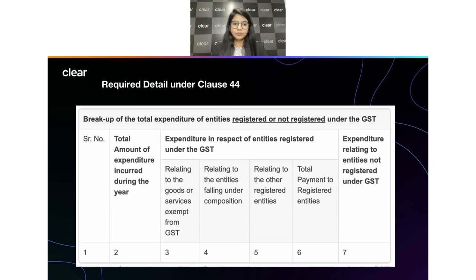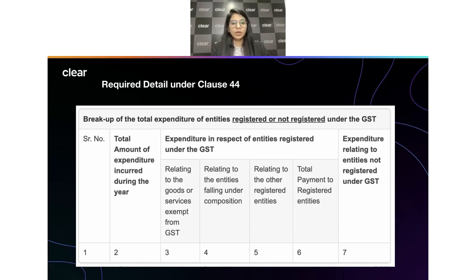So the important point we understood is that we are not talking about the breakup in the way it was in 9C. They have not asked for such a breakup. What they just want is the total amount of expenditure incurred during the year.